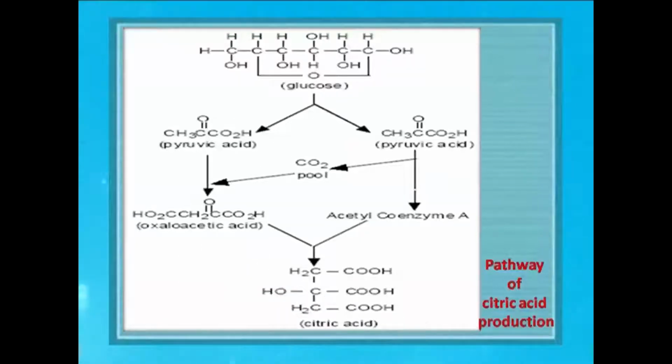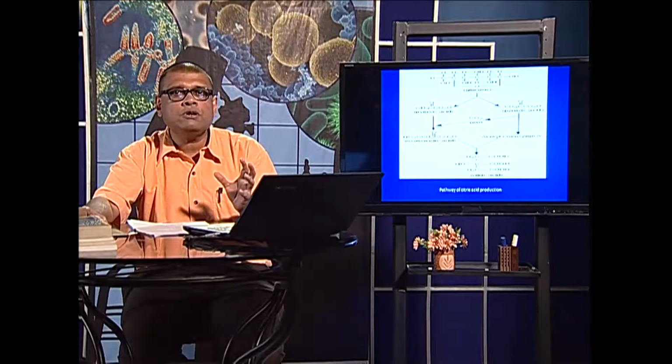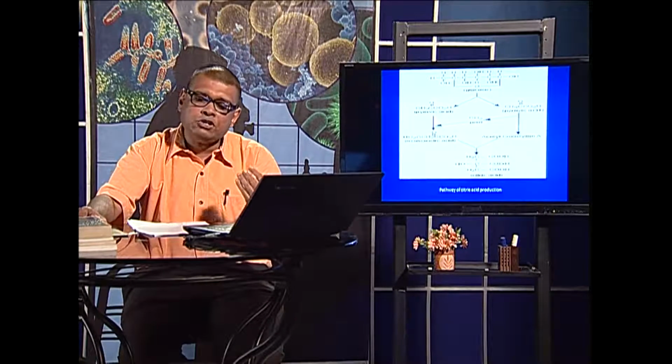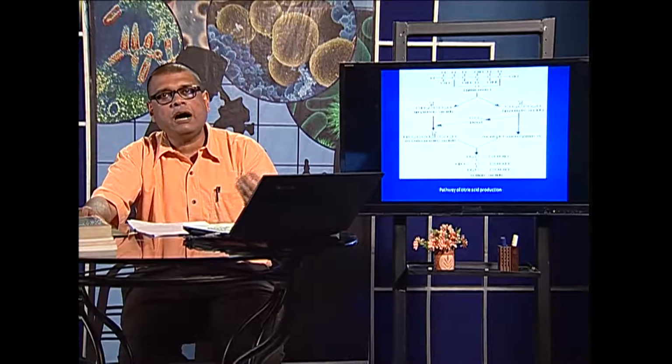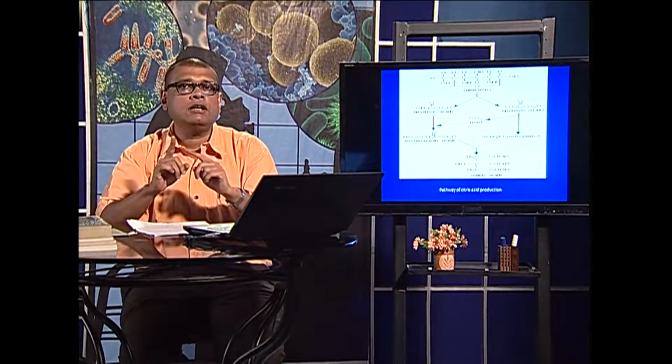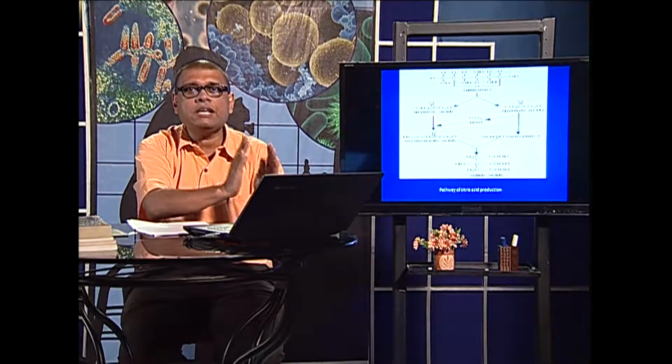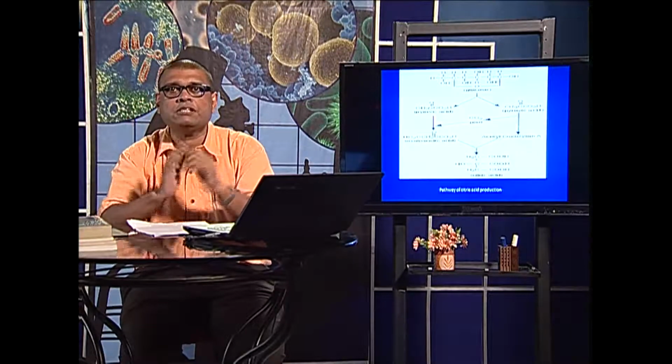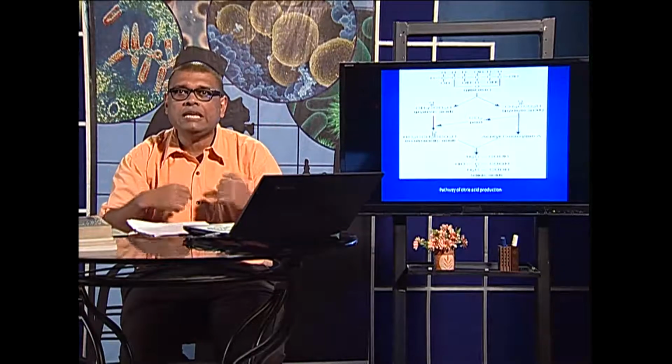Now really it is a very important matter that all these metabolites are not always produced by the organism. So some of these products, some of these organic acids, some of these vitamins are produced by chemical process. Now we have to consider whether it is the chemical process or the fermentation process which is more beneficial for me.